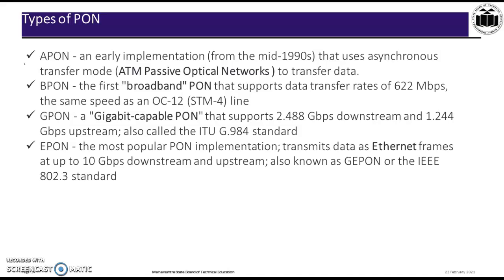And the last type is called EPON, Ethernet PON, the most popular PON implementation, that transmits data as Ethernet frames at up to 10 Gbps downstream and upstream, also known as GEPON or the IEEE 802.3 standard. So these are the various types of PON.